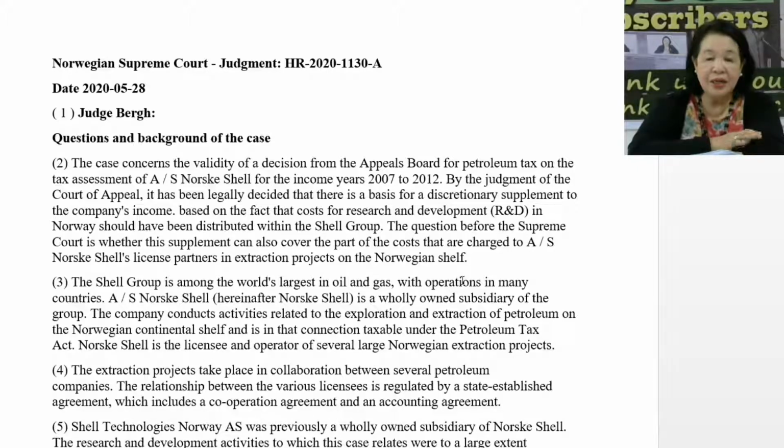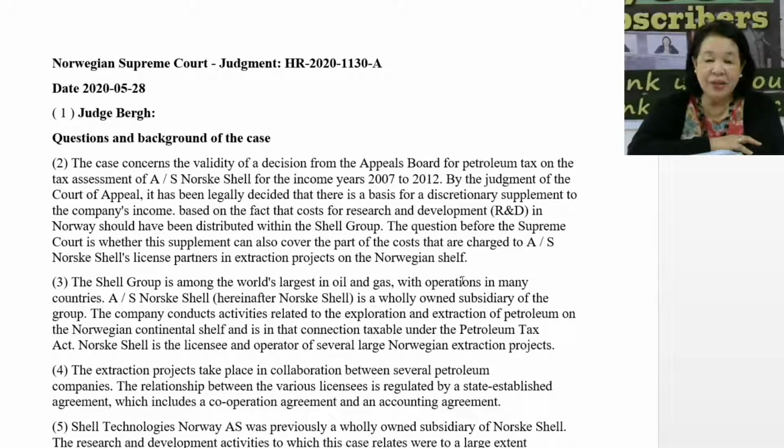According to the tax authority, the cost incurred for research and development also benefits other members of the group, which are also Shell, not only in Norway but all over the world. That's why, according to the Norwegian tax authority, they should also have a share in the cost of research and development, because they benefit.